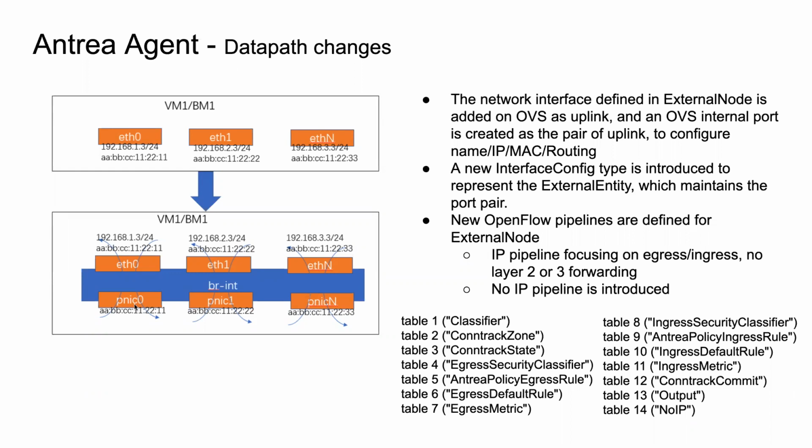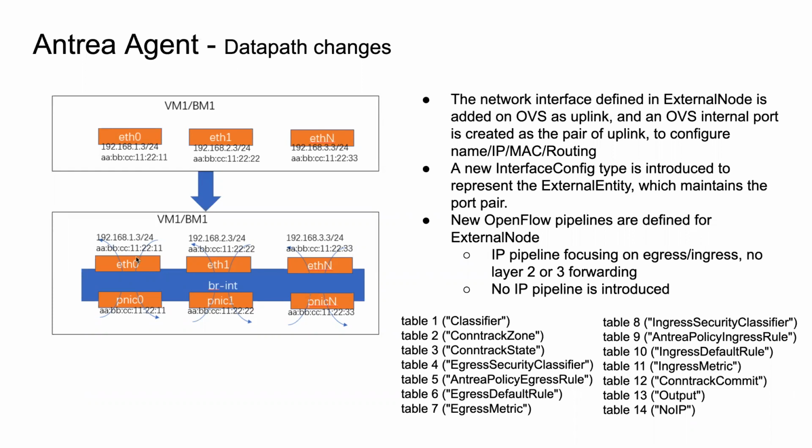Then Antrea agent will try to create a new OS internal port, which is configured with ETH0, which is actually the interface name before we start Antrea agent. And then Antrea agent will move the IP, MAC, routing, even DNS configurations to the ETH0, I mean the OS internal port.